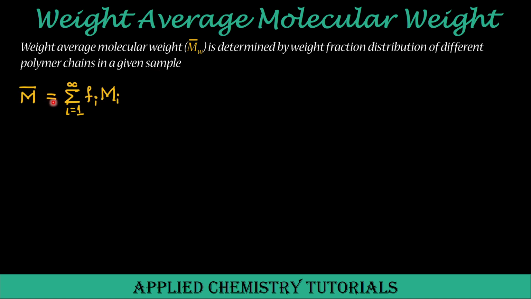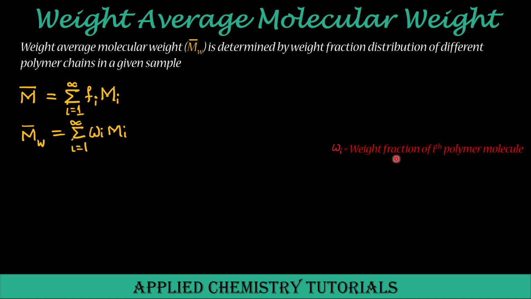As we have seen, M bar equals the summation of Fi Mi from i equals 1 to infinity. Then for weight average molecular weight, or Mw bar, it will be the summation of wi Mi from i equals 1 to infinity. This is small wi and it represents the weight fraction of the ith polymer molecule.